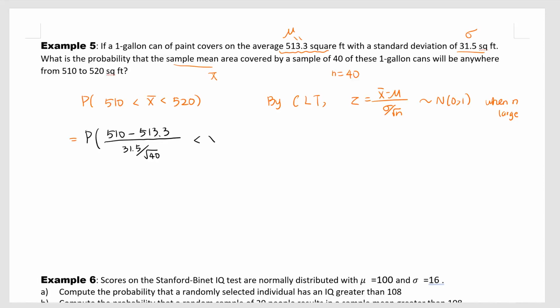We do the same thing to x bar and the same thing for 520: 520 minus 513.3 all over 31.5 over the square root of 40. So far so good, everybody?